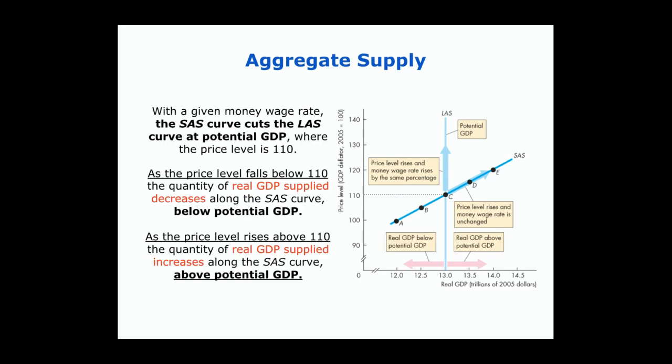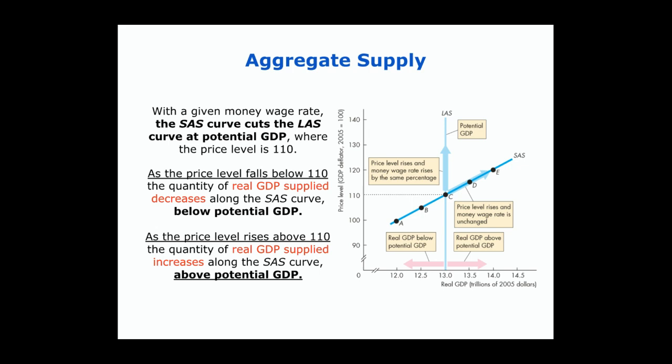So the short-run aggregate supply curve intersects the long-run aggregate supply curve, and they can be equal to each other, like they are in point C, where the price level is 110. But the price level can be lower than that, in which case the quantity of real GDP supplied decreases, and we're going to operate below potential GDP.